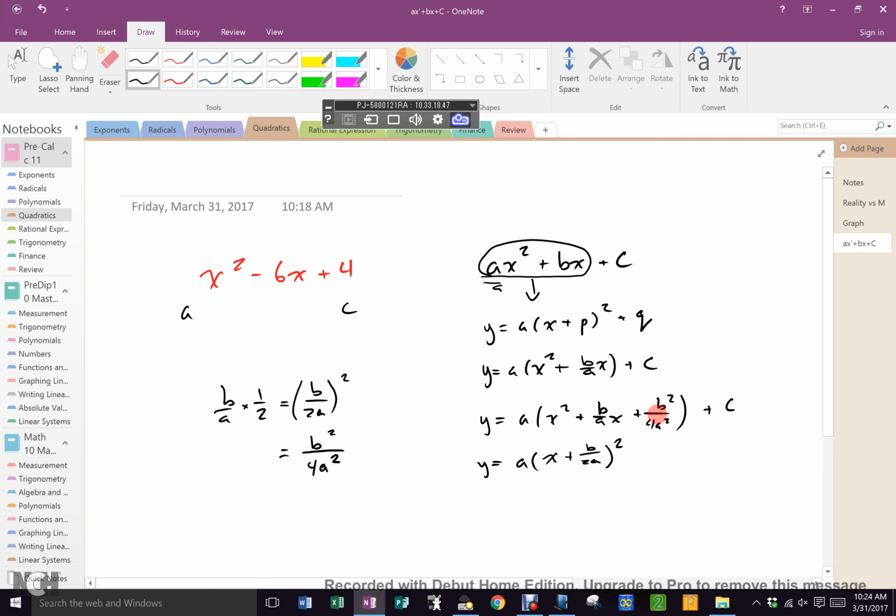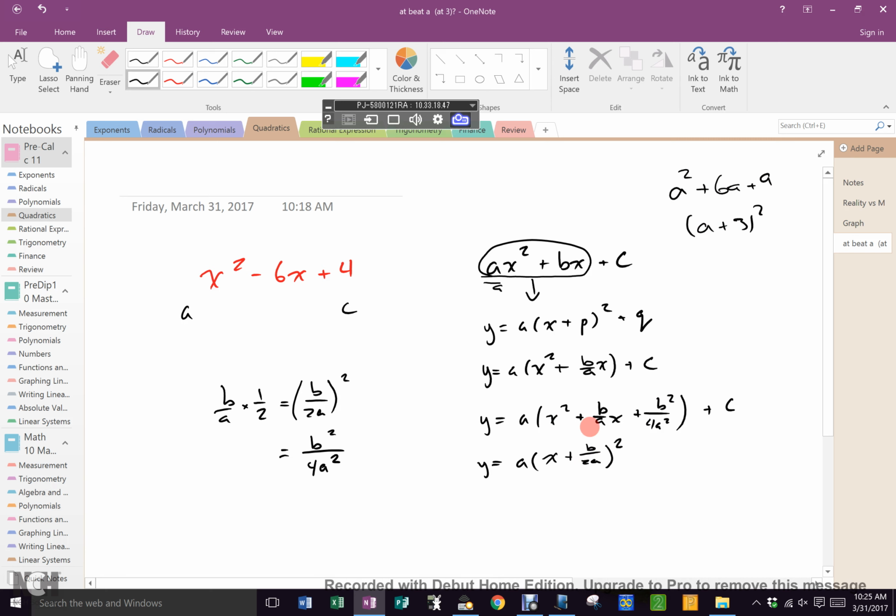I'm factoring, Nav. If I had A squared plus 6A plus 9, it's A plus 3 squared, right? Because it's the square root of that. What's the square root of B squared over 4A squared? It's B over 2A, yes? So that's this factored. Okay? Is everybody cool to there?